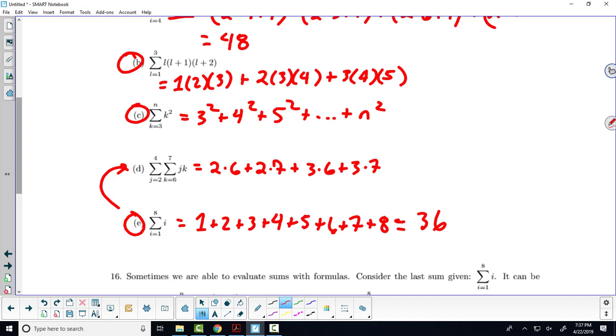And then I've now exhausted the inner summand for k, so then I tick up j one more, and I reset k back down to 6. Okay? We've got a nice little mechanical procedure spelled out in a very compact way.